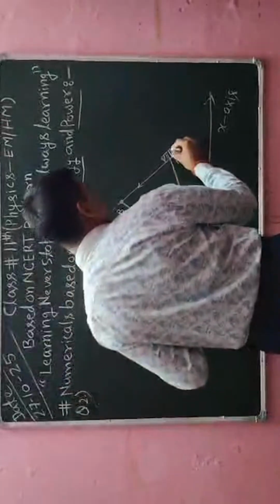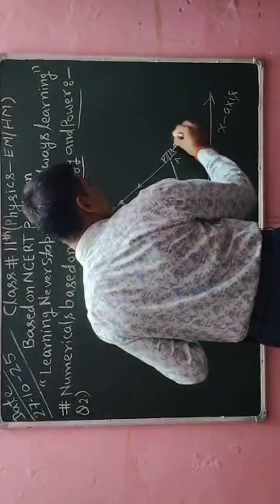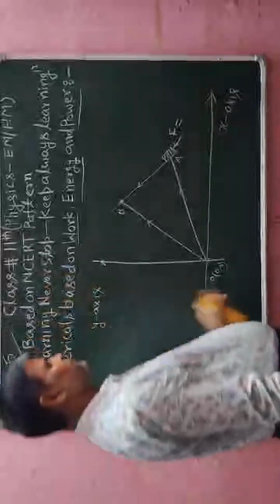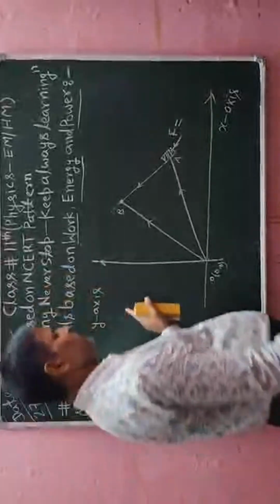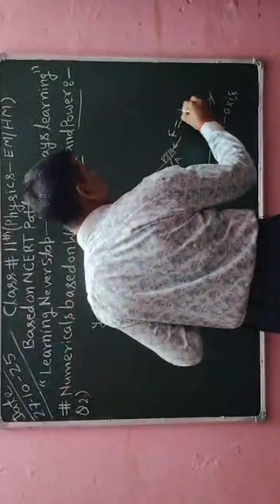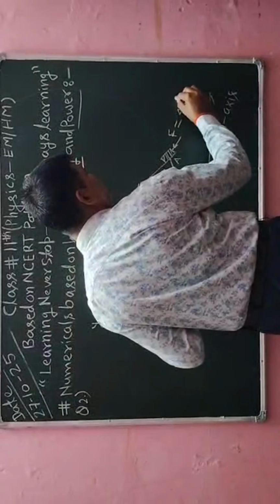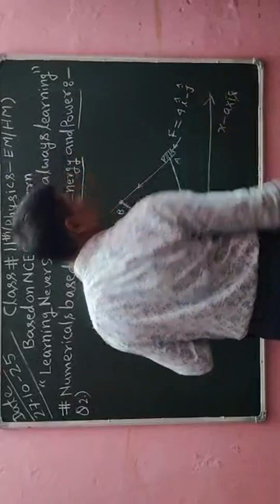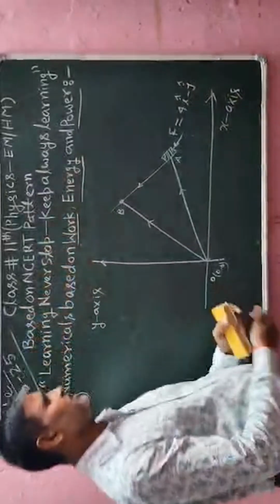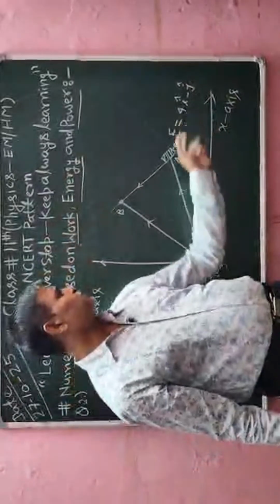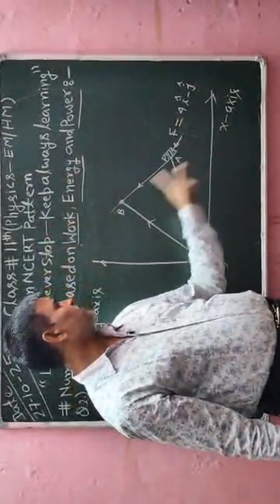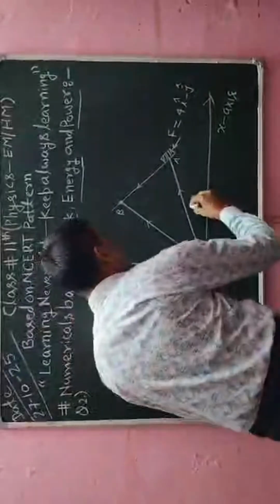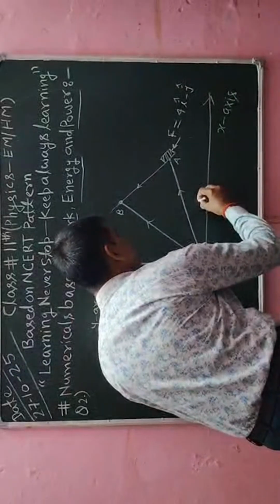Now on this object one force is available, and that force is given in the form of a vector, that is 4 vector i cap minus vector j cap. This is a vector and this is a force, and with this force this object is moving from point A to B. Now its position vectors are also available here.